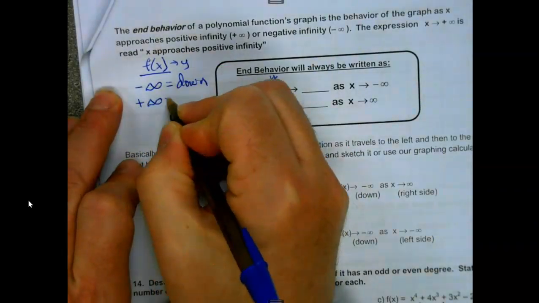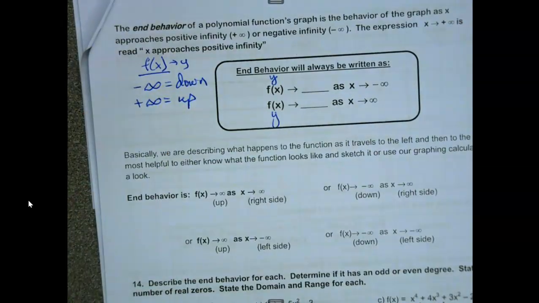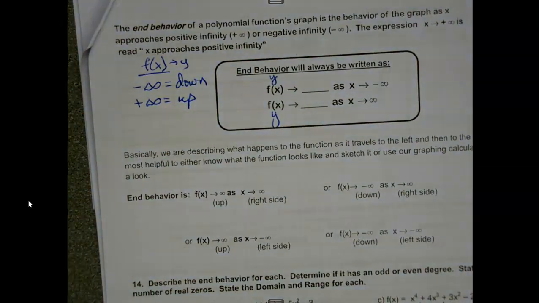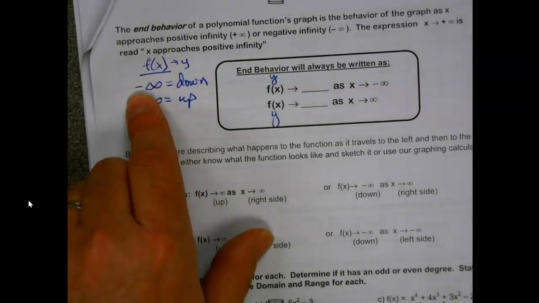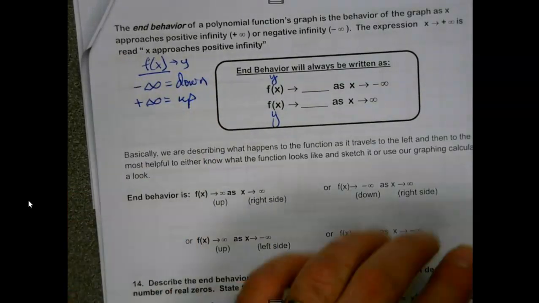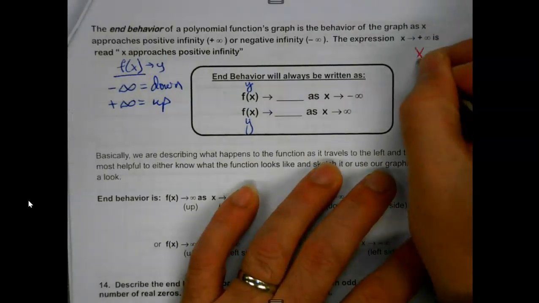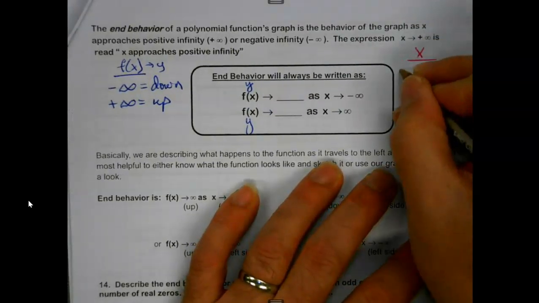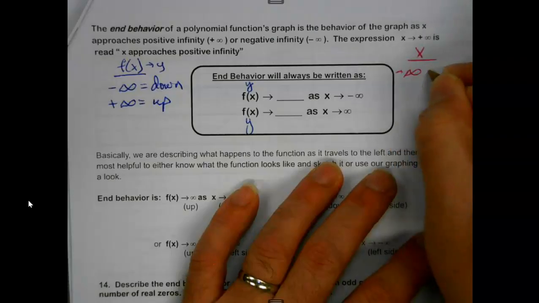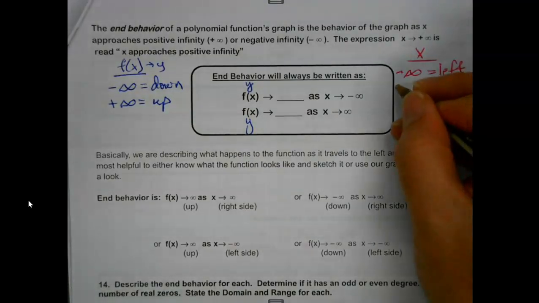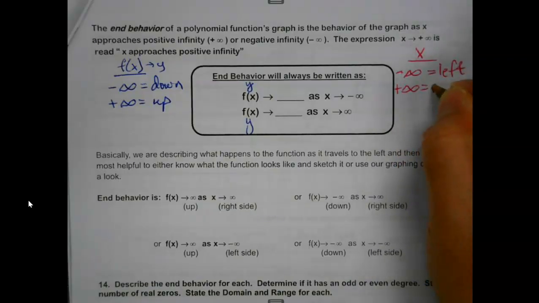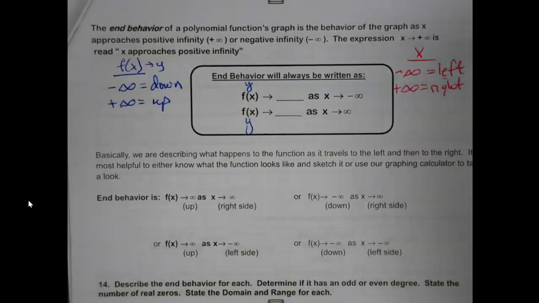Positive infinity is the same thing as going up. So again, we're using mathematical symbols instead of words. When we're talking about just x, negative infinity is left, just like it is normally. If you're looking at a number line, we got the arrow going left, it's negative infinity. It's going forever negative. And positive infinity means we're going to the right.